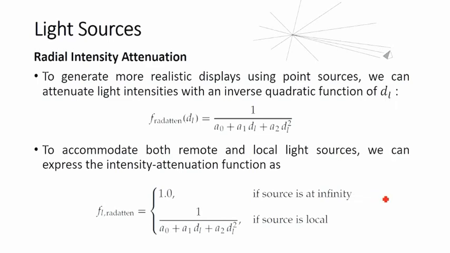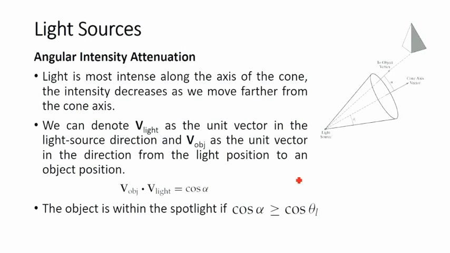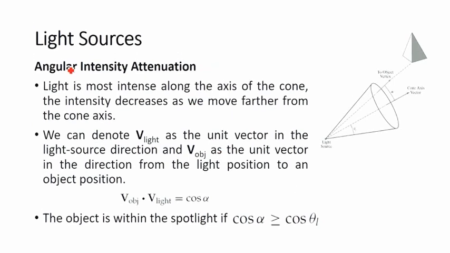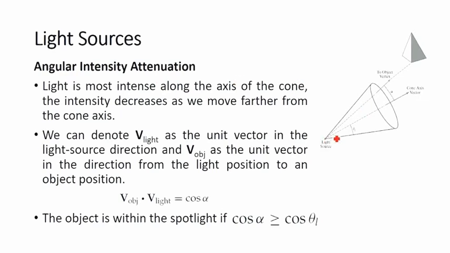Moving forward, there is another type of attenuation that we get to see called angular intensity attenuation. Now let us consider this is the spotlight, and this spotlight has the cutoff angle or angular limit of theta L. Now, as I said earlier, if the object is in the range of this theta L with respect to the axis, towards the left side or towards the right side, then that light illuminates that object.